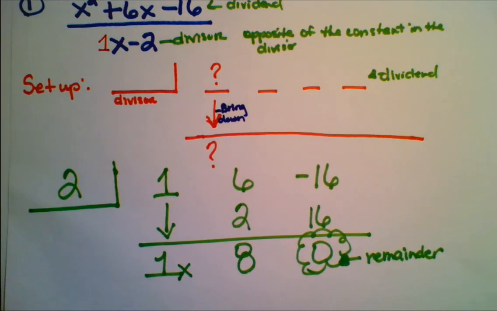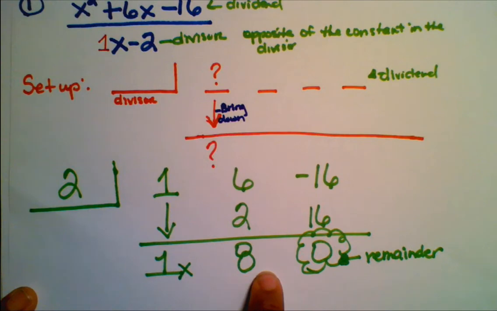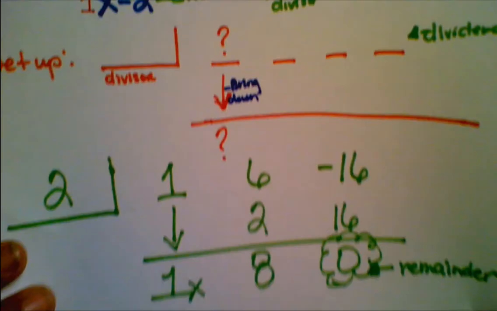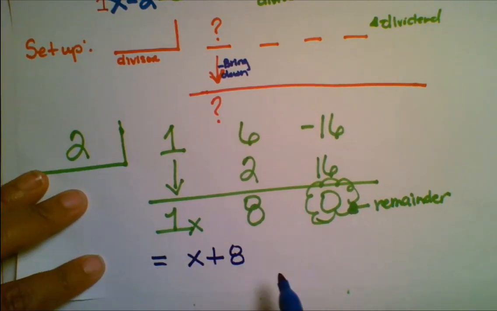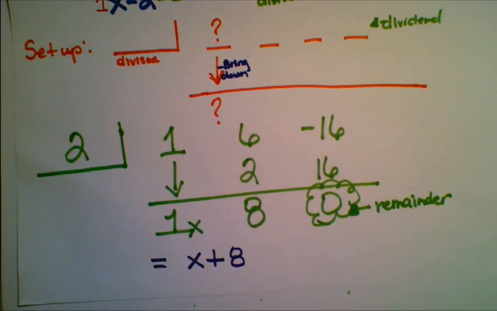So now look at our answer. We have 1x and then we have a positive 8, and we can write our answer out as x plus 8. Okay? So if this is confusing, rewind and listen to this over again.